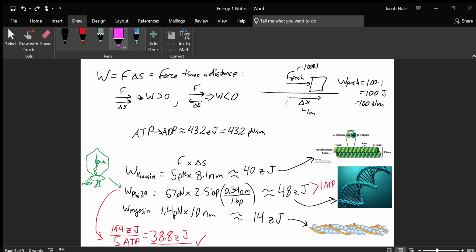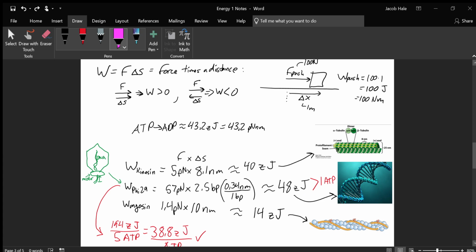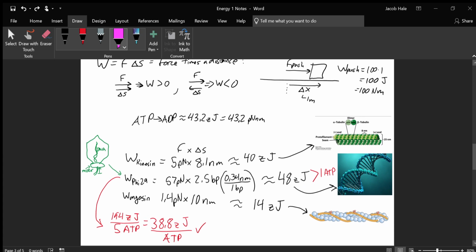The first one is our kinesin molecule. Let's find out the work done by kinesin through 1 ATP. If you do a Google search for the force of kinesin, it's got a range, but we'll just pick 5 piconewtons, which is kind of in the middle of the range. It can apply about 5 piconewtons of force, and it steps 8.1 nanometers every time.